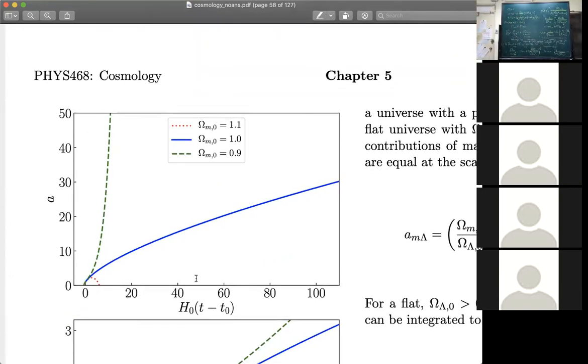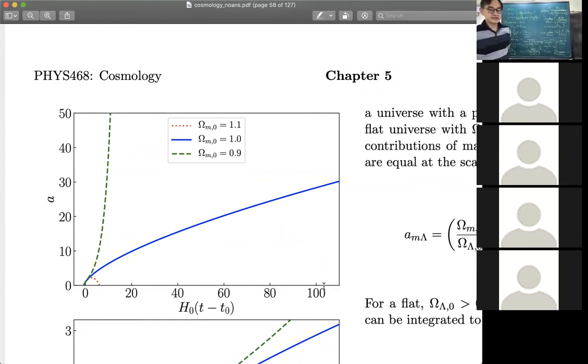So this is the case of matter plus lambda. And I hope you remember that here again we are expanding the time from t0 in the unit of Hubble time, or inverse of the Hubble constant, from 0 to 100.